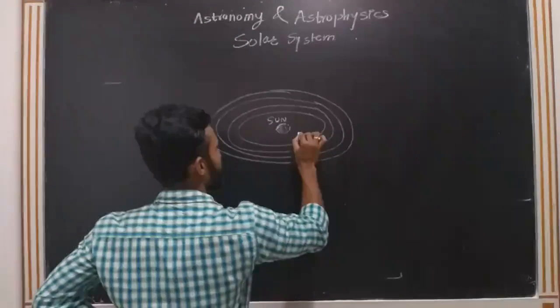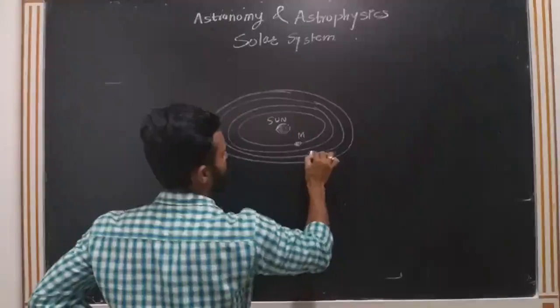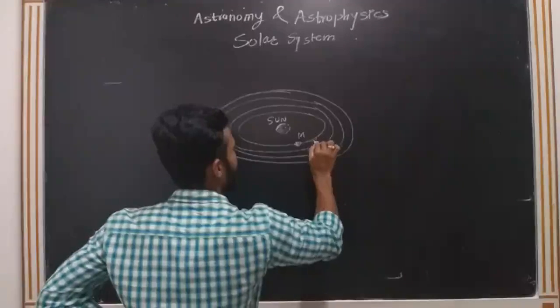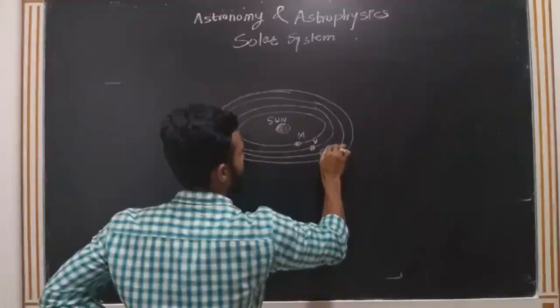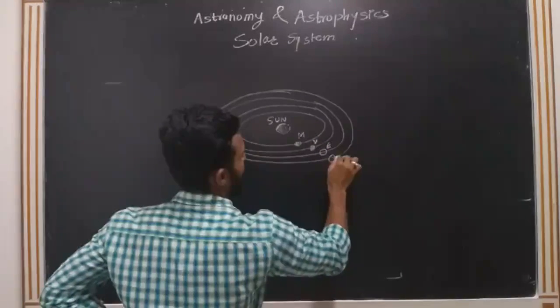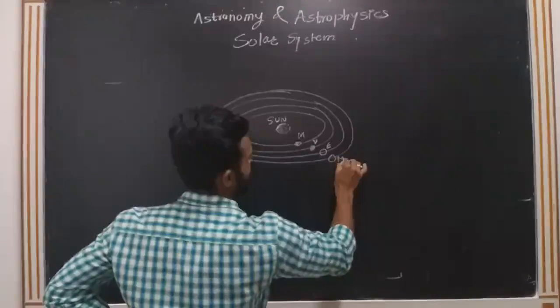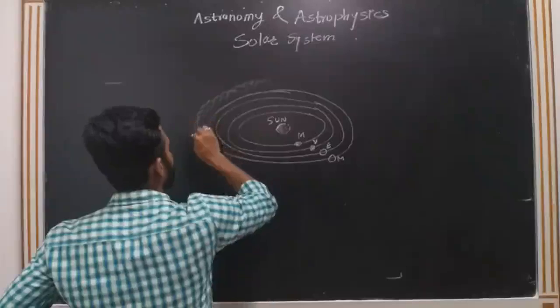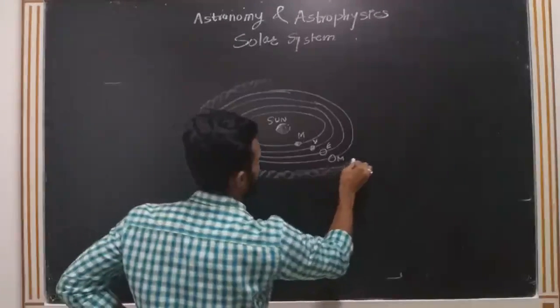This is Mercury, Venus, Earth and Mars. Then, very important, there is the asteroid belt.